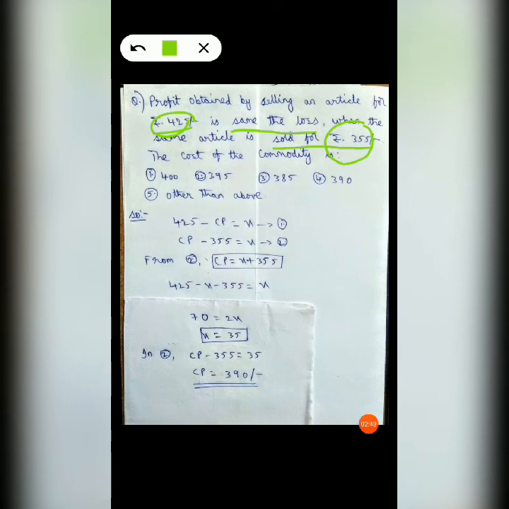In the first statement, 425 minus CP equal to x, since whenever we see the word profit, we have to do SP minus CP. SP is 425 from the question, equal to x. CP minus 355 is also equal to x, since profit and loss are equal. From equation 2 we get CP equal to x plus 355, like we did in the previous problem. So we get the x value.